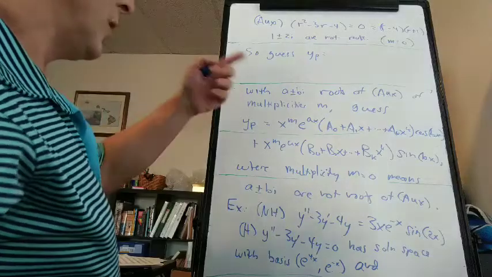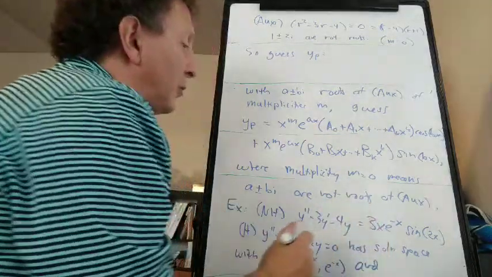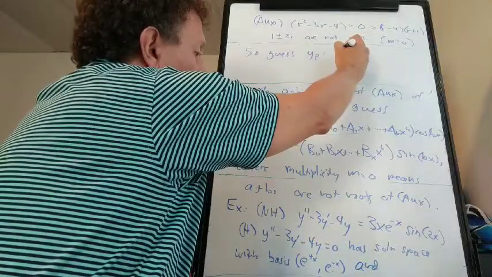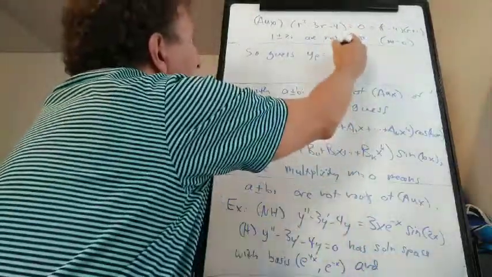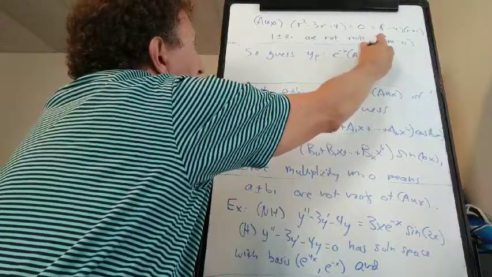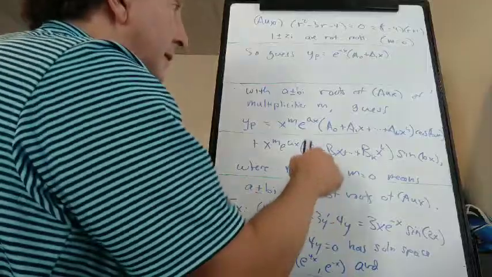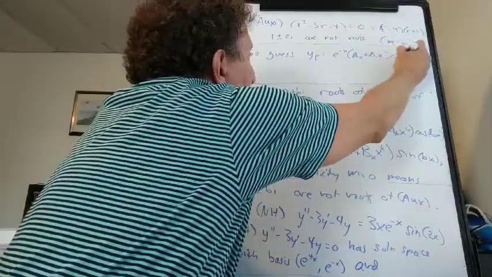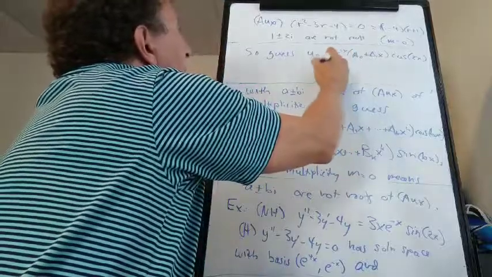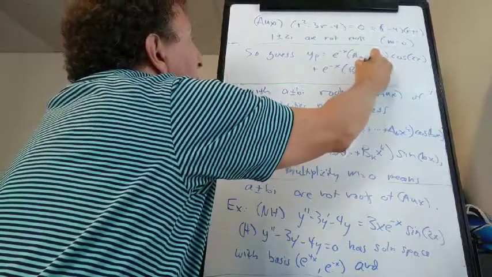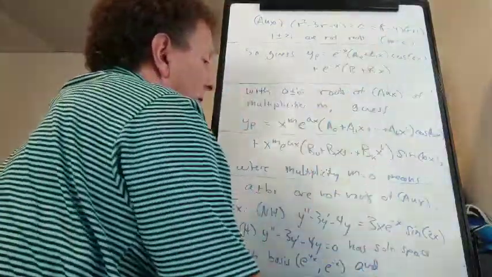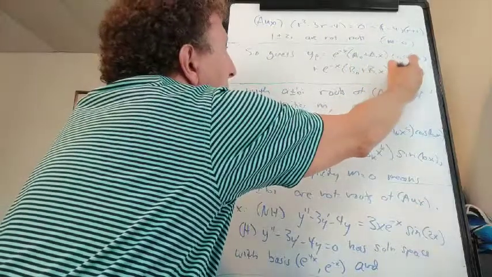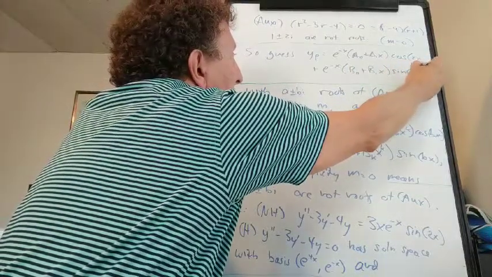So we guess that yp equals, since we've got a polynomial of degree 1, I'll put the exponential first, e to the negative x (a naught plus a1x) cosine 2x plus e to the negative x (b naught plus b1x) sine of 2x.